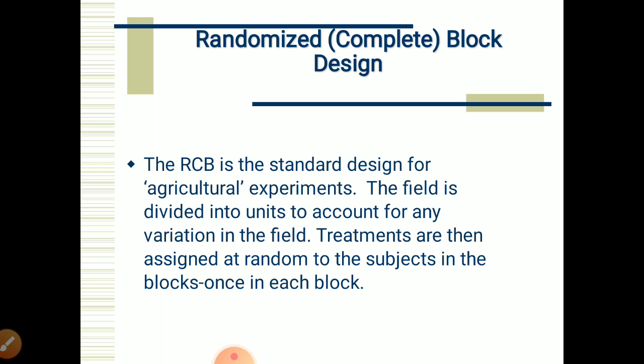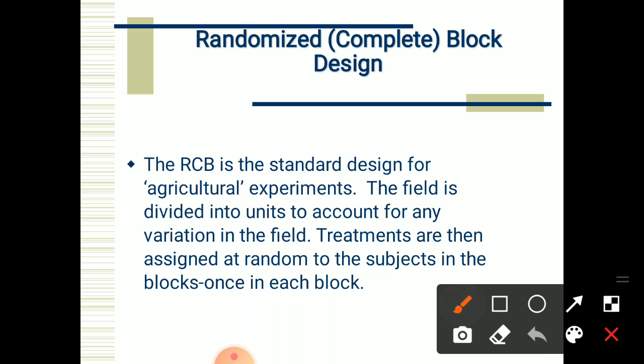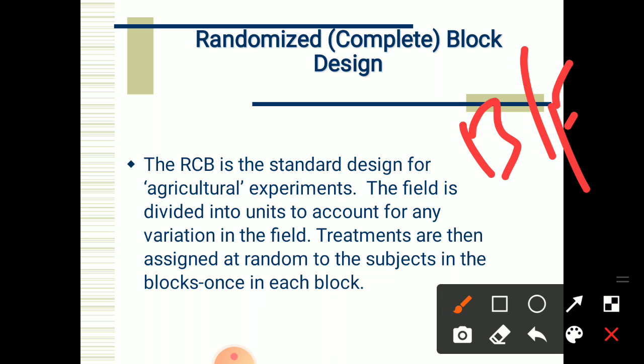In the CRD, I told you only one set, either in the form of breed or feed. So when we come to the RCBD, we have the option of including one more independent variable.